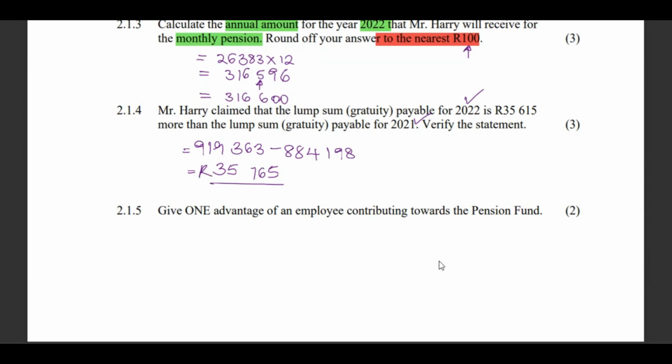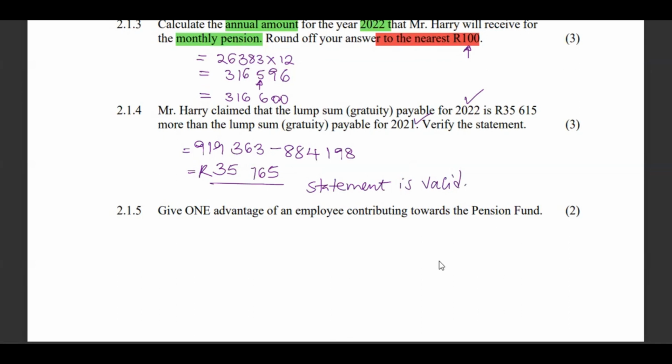So we come up and say verify the statement. Yes, indeed, the statement is valid. The statement is valid.